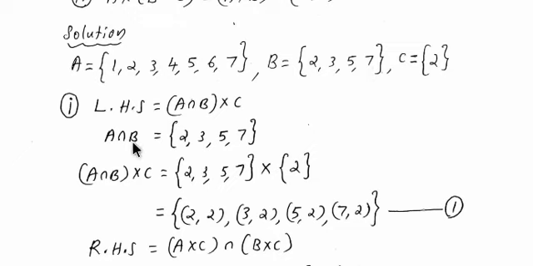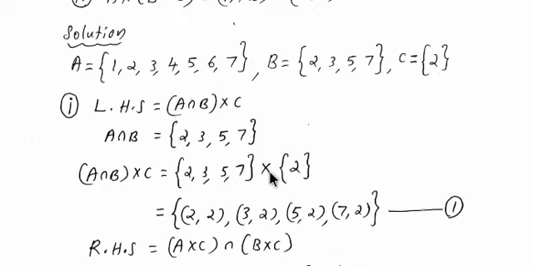Then find out the whole LHS, A ∩ B × C. First write the set A ∩ B, which is 2, 3, 5, 7. Then put the cross. Then write the set C, which is the set {2}.